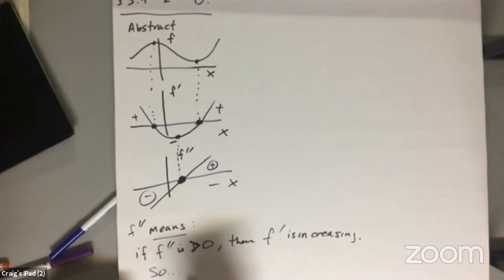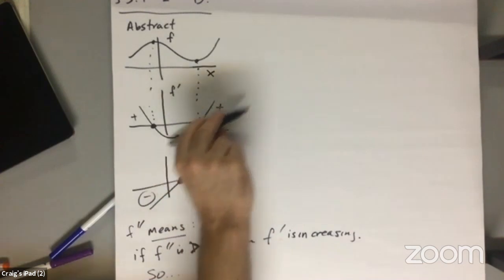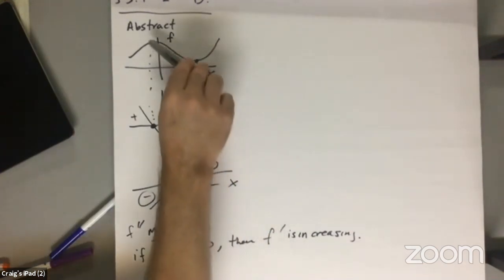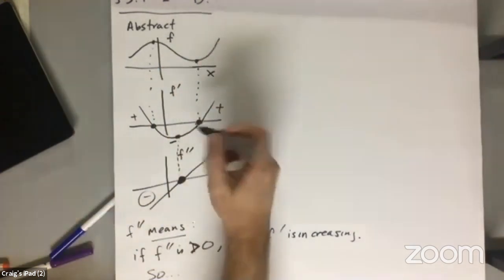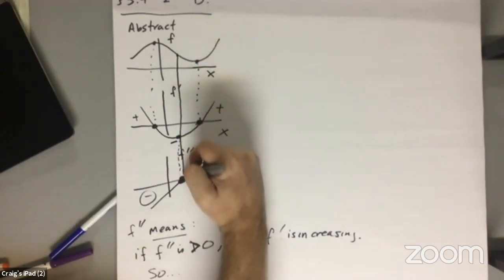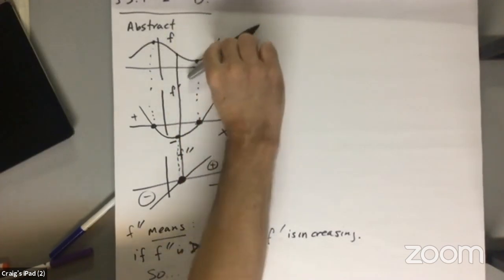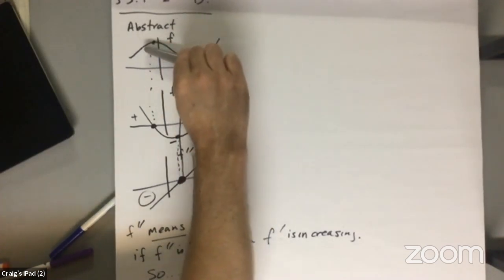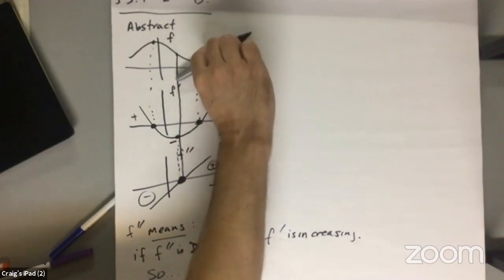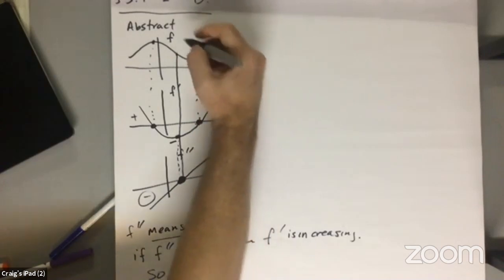So what does the first derivative increasing mean? The first derivative getting bigger means that as I follow along from here along, the first derivative is increasing. The first derivative was going from a negative slope to a positive slope. It was switching like this.